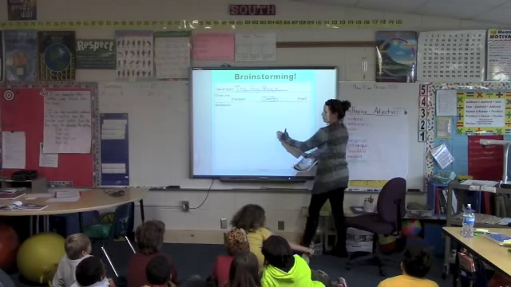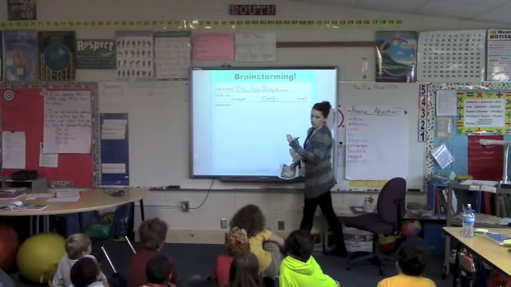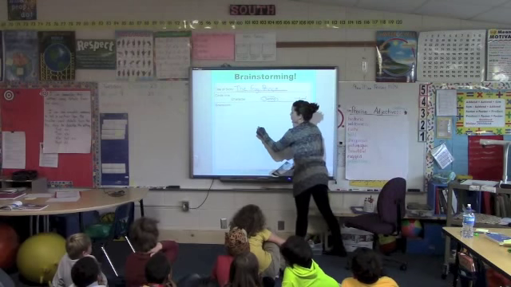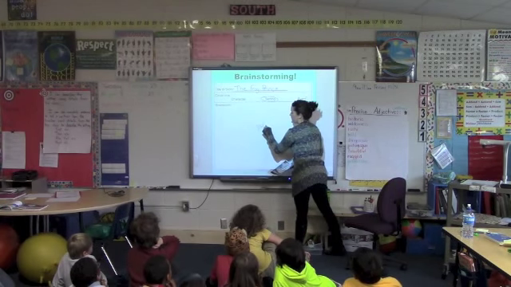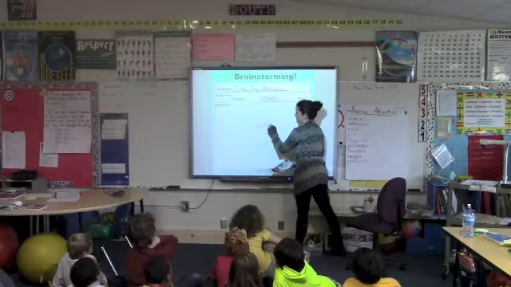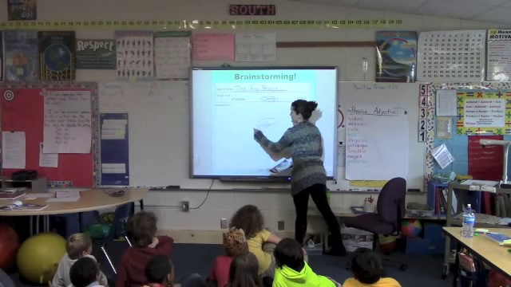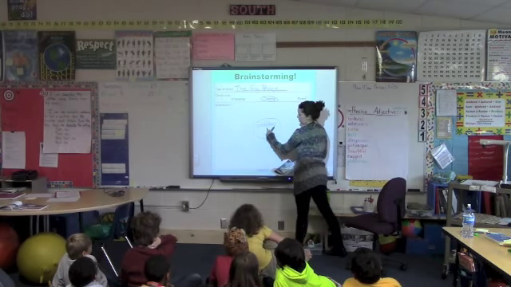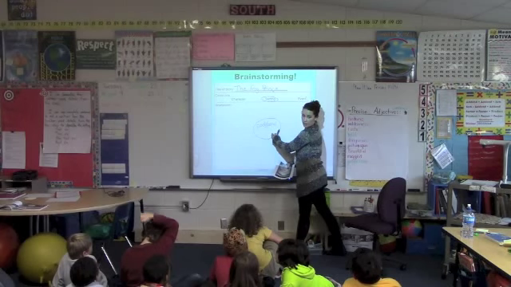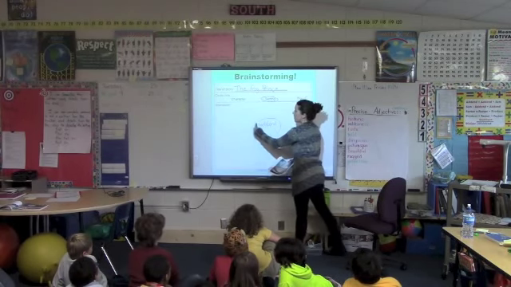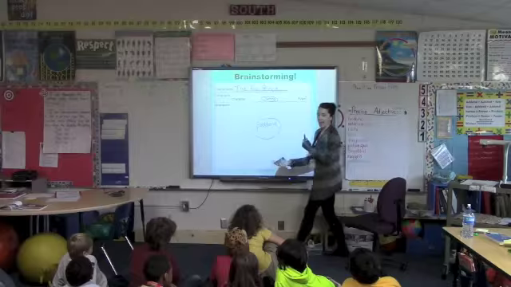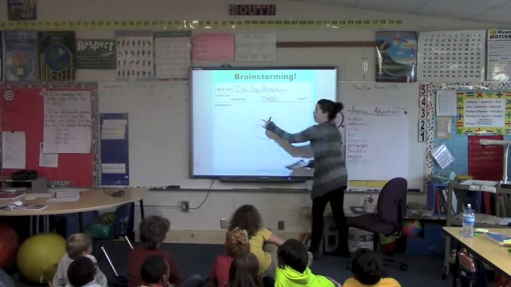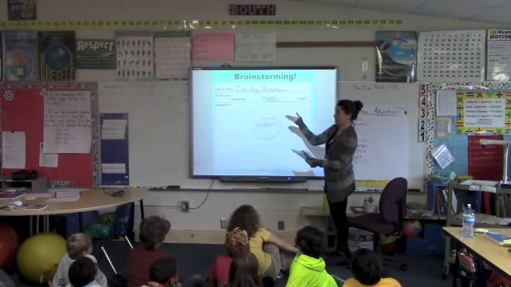First, I'm going to write down where the setting is right in the middle of the story. It's in a pool, or maybe a pond. I'm going to leave a little extra space in here because I'm going to come back and describe it using an adjective. Now, around this, I'm going to add some of the details from the story that describe my pond, because that's what we're going to be doing.